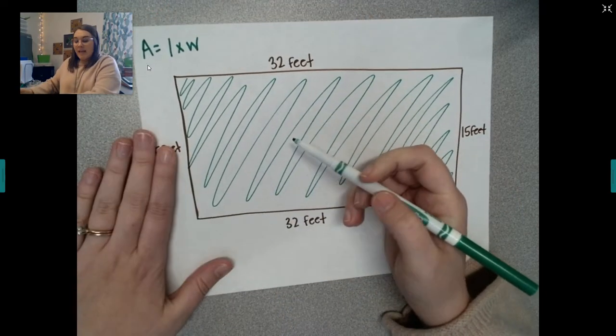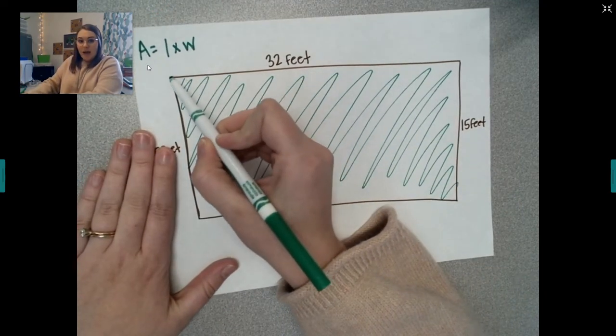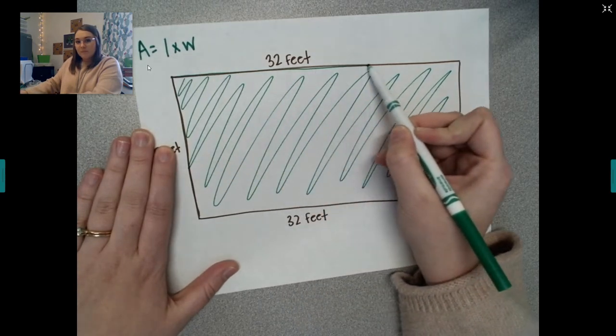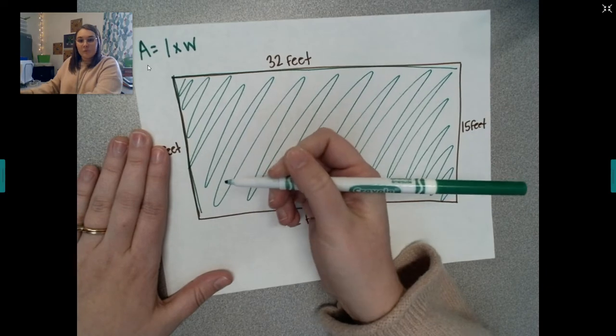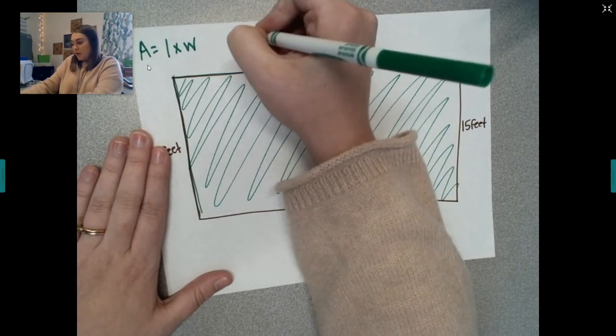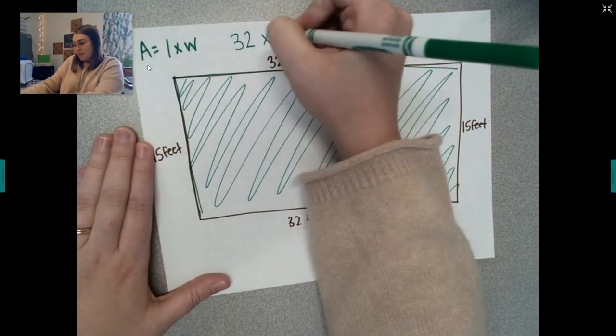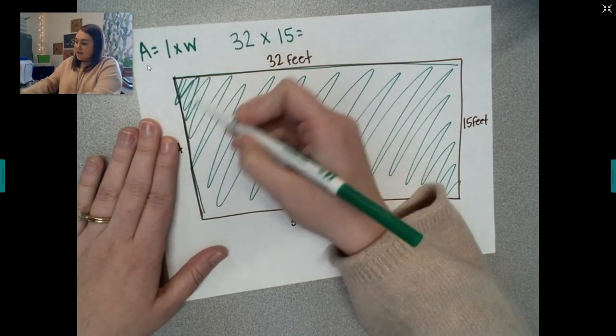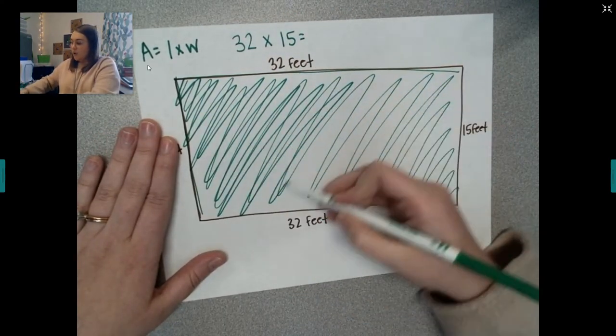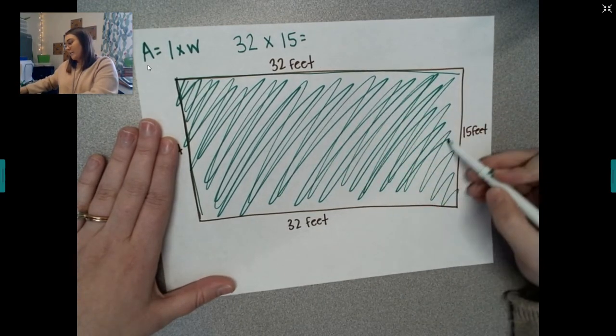So I would take the length of my backyard and I would take the width of my backyard and I would multiply them together. So I would do 32 times 15. And that will give me how much grass I'm going to need for the whole entire backyard.